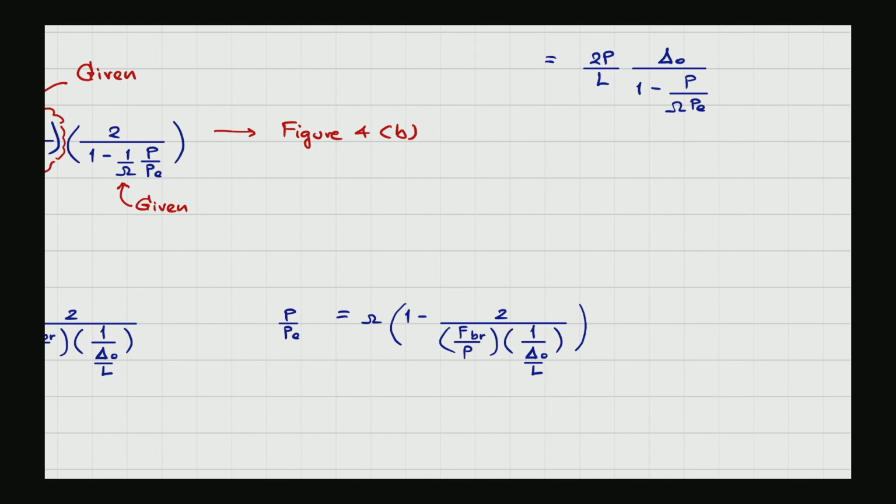Just I make it 0.01, 0.001. This is the delta naught over L. So this is 1 in 1,000. If we put 0.002, yeah, this is going to change.